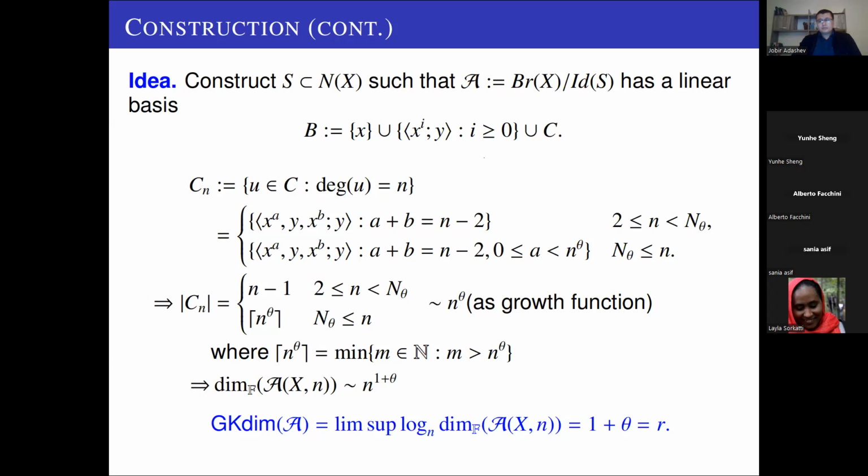So if we compute the dimension of A_{≤n}, recall that this means the subspace spanned by monomials of length less than or equal to n, right? Here we want B to be the generating set. With length less than or equal to n, we add those cardinalities C1, C2 up to Cn together.